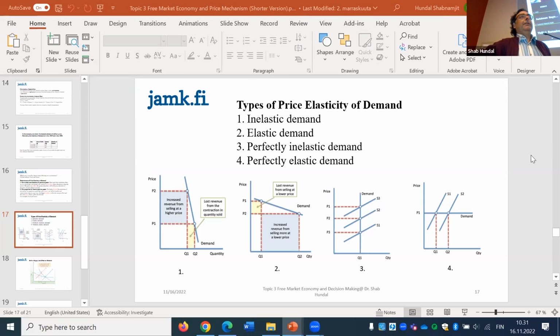You see my point? Why so? Because certain destinations are luxurious, they're expensive. And when you see the price falls, there is a massive disproportionate increase in the demand.